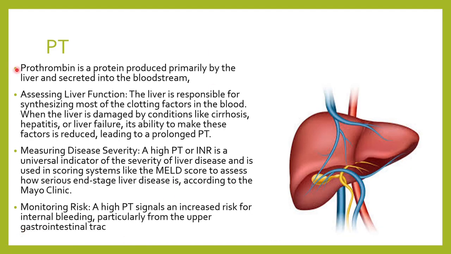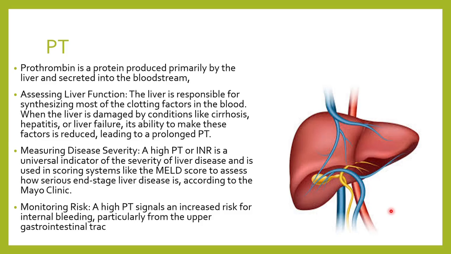First, let us study what actually this protein is. Your PT is nothing but a protein. This protein is primarily produced by the liver, and the liver secretes it into the bloodstream. Whenever we have to assess the liver function, for example in a patient with cirrhosis of liver, the doctor usually orders PT because in them the PT values are altered.